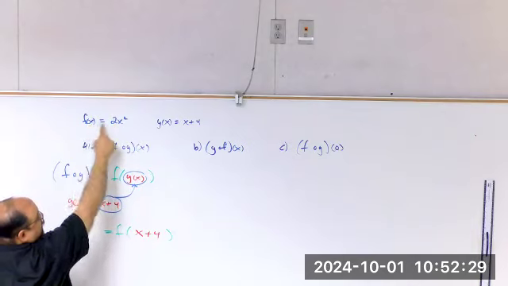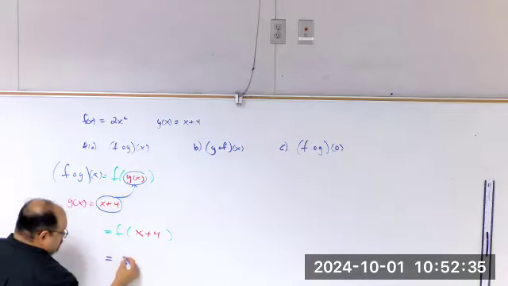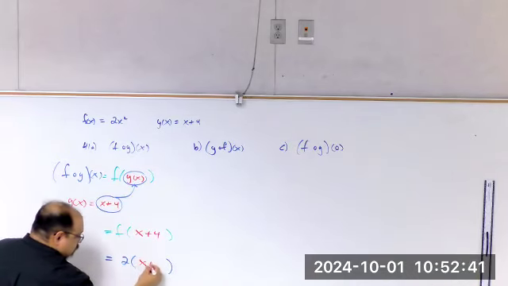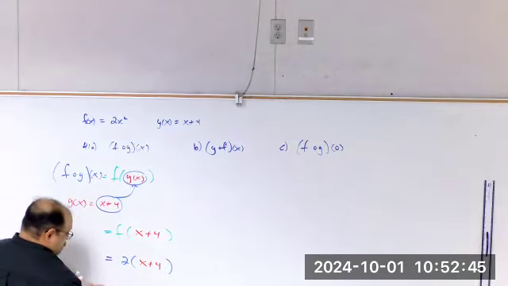So if I plug in x plus 4, I get 2 times that x plus 4 squared. X plus 4 goes in for that x, and then I got to square it.